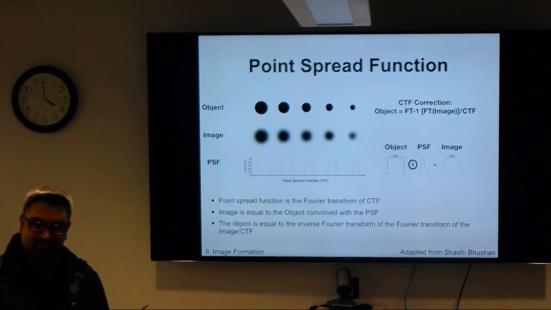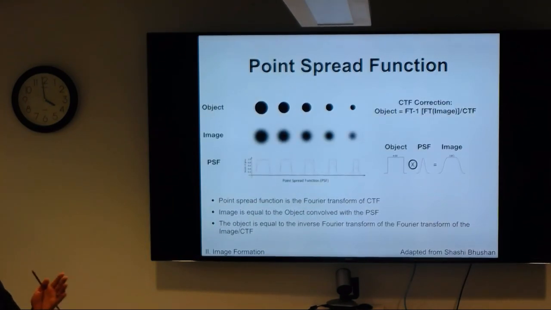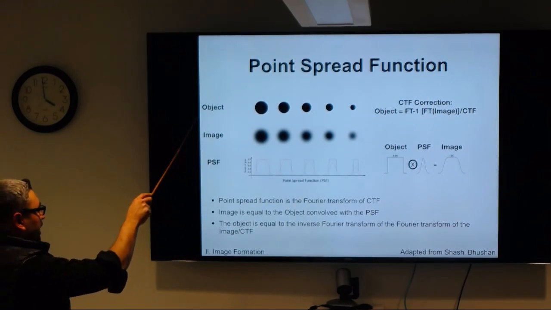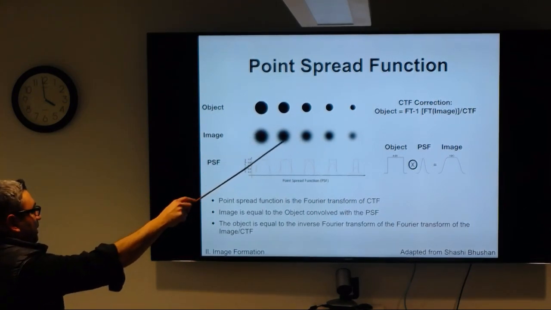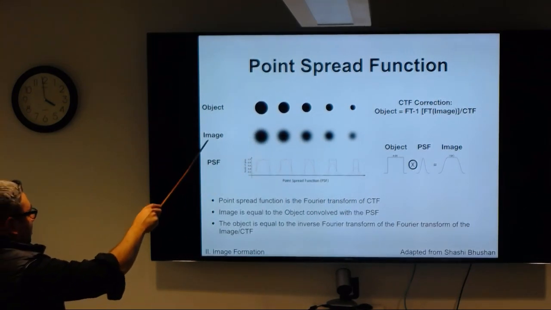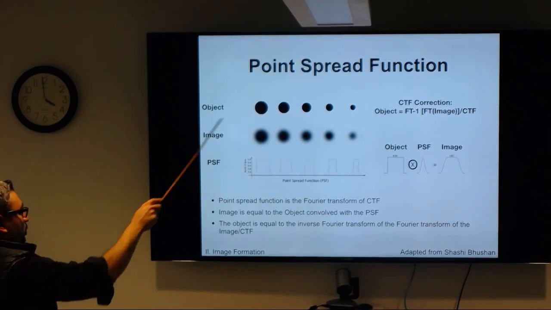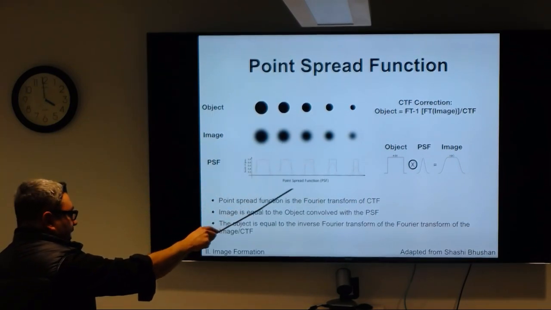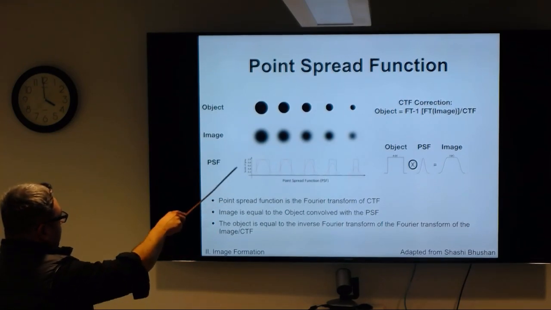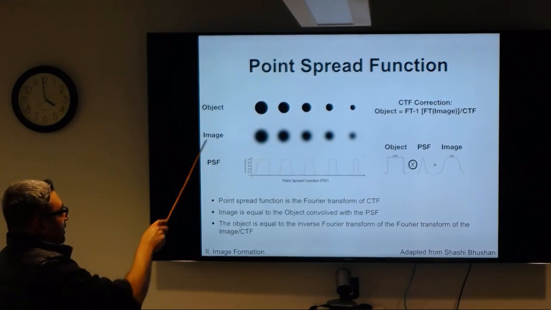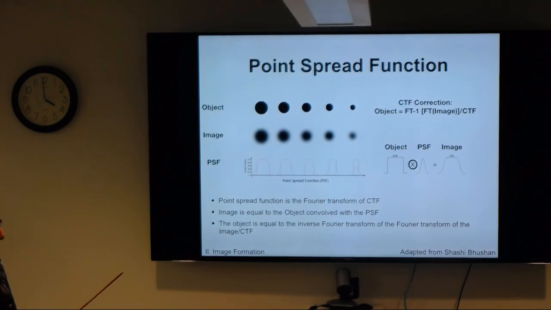To explain that a little bit differently, again, we have our object. We have different objects, and these are the different images which were blurred by the point spread function. So you can see how the image is blurred from the object.